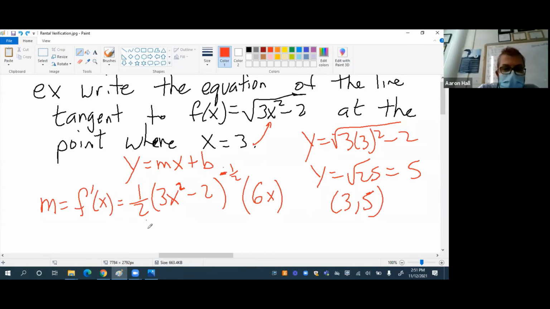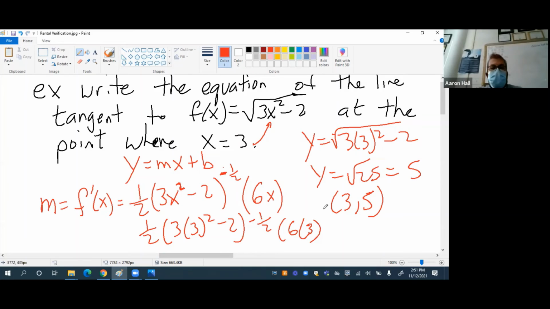So that's going to give me 1/2 times 3 times 3 squared minus 2 to the power of 1/2 times 6 times 3. What kind of slope does that give me? Where do we start? Order of operations: parentheses. What is this mess here in parentheses?